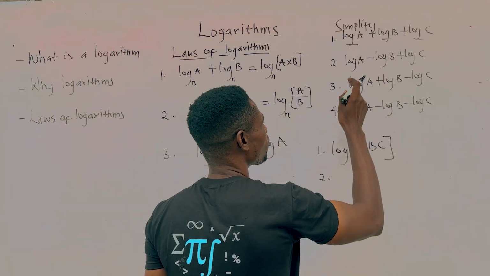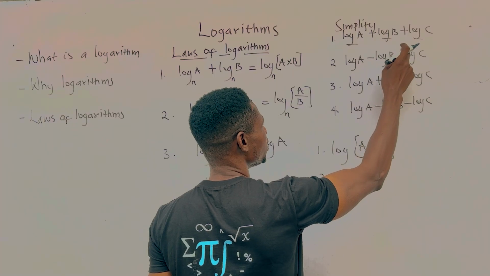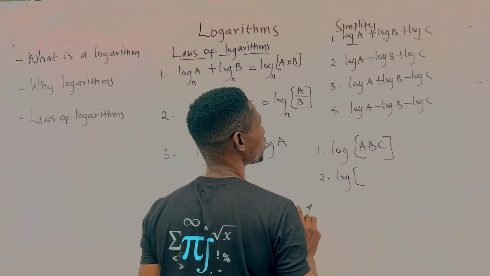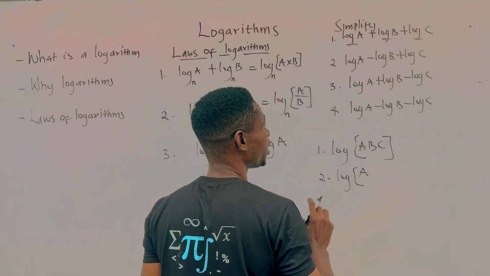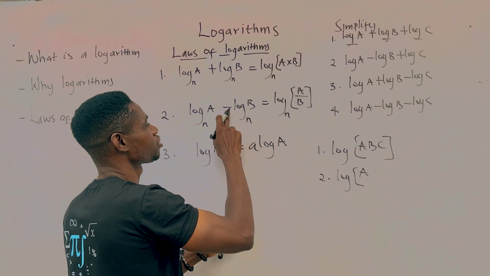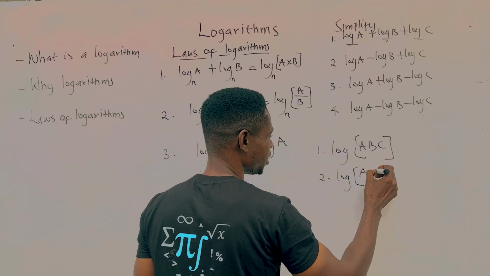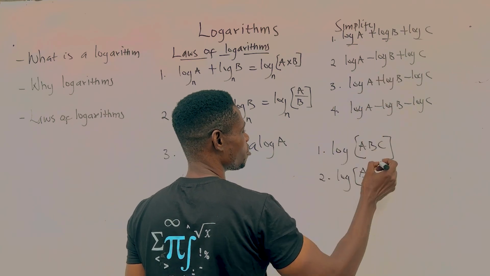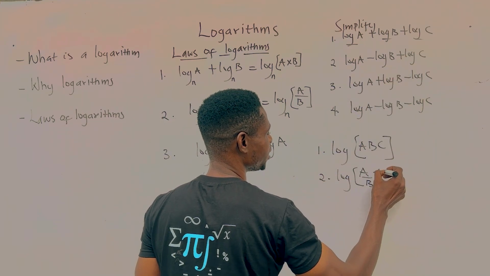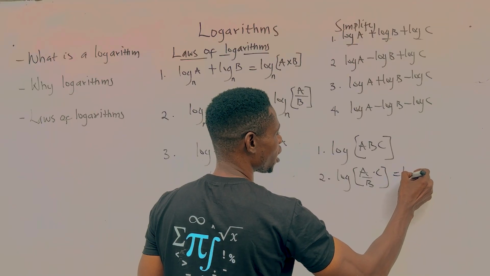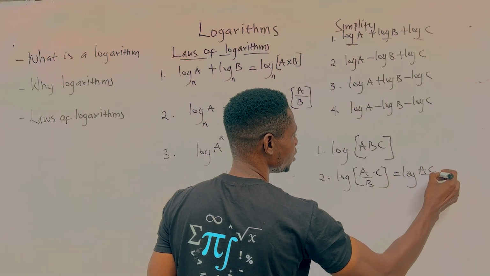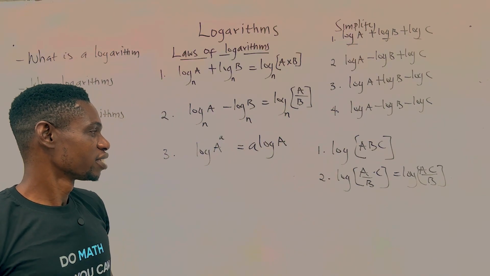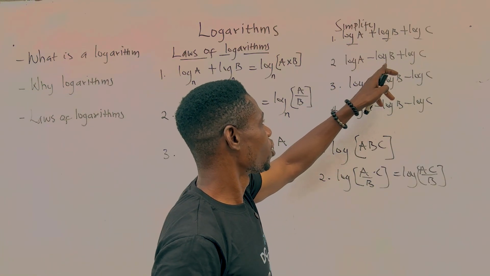Number 2, we have log A minus log B plus log C. That will be log A, minus allows us to do what? Divide. Divided by B, right? Multiplied by C. So to put it clearly, we have log AC over B. So that will give us log AC over B.